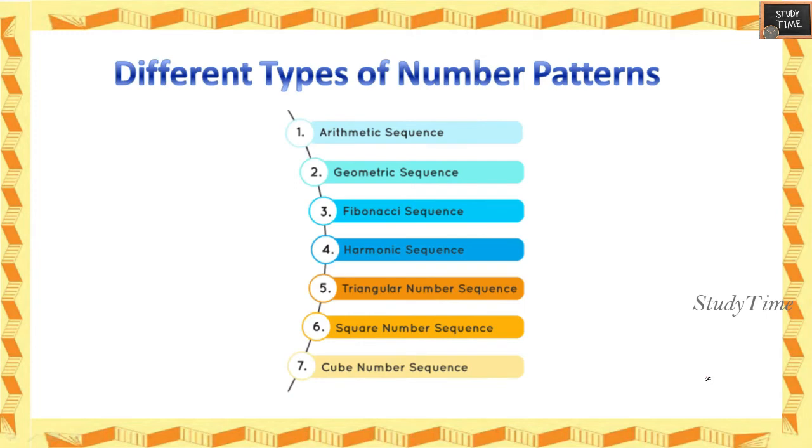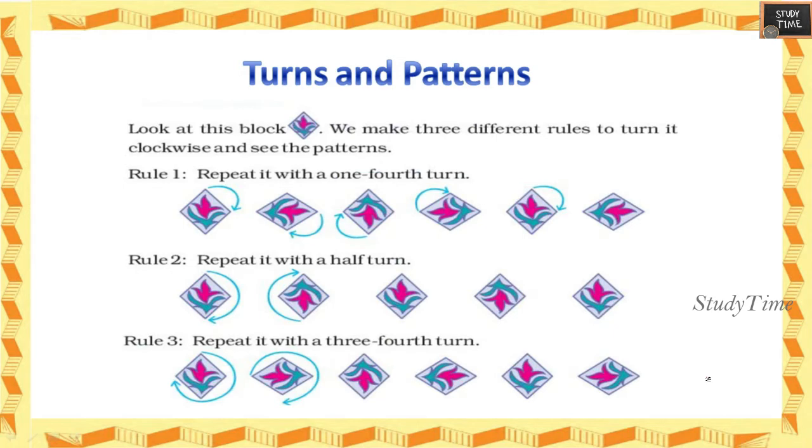There are different types of number patterns: arithmetic, geometric, Fibonacci, harmonic, triangular number sequence, square number, cube number. All these are different number patterns. Next we'll see turns and patterns. Look at the block first. We can make 3 different rules to turn it clockwise and see the patterns.